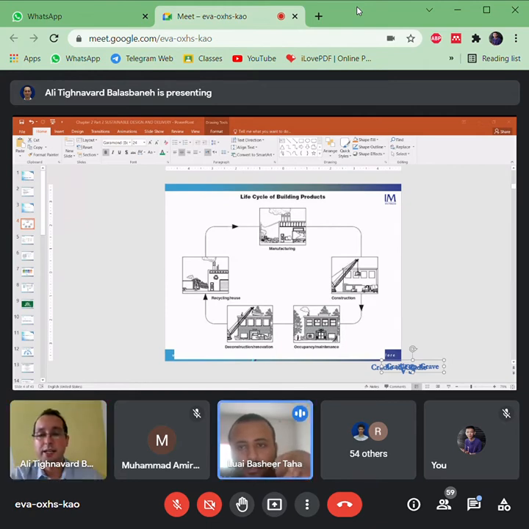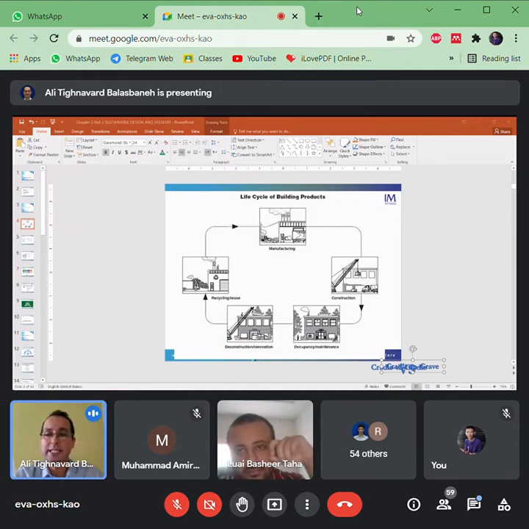Also, we save the environment from pollution. How do we do that? Because we use the waste material to recycle it. On which stage do we do that? In the stage of recycling. That means after demolition. Yes. Okay, that's good.